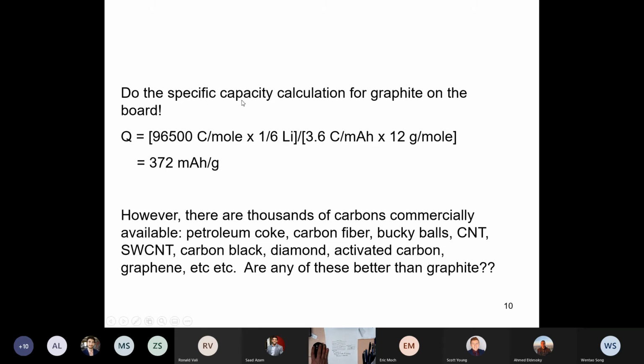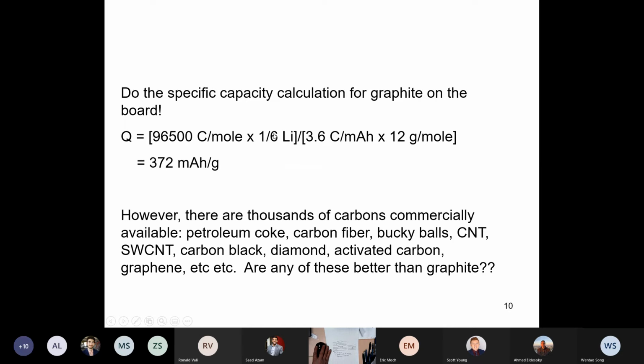So if you want to know the specific capacity that graphite can have, it's very simple to do these calculations. You can add 1/6 of a mole of lithium for every mole of carbon, because the limit is LiC6. Faraday's number is 96,500 coulombs per mole. You want to know how many milliamp hours you have per gram.